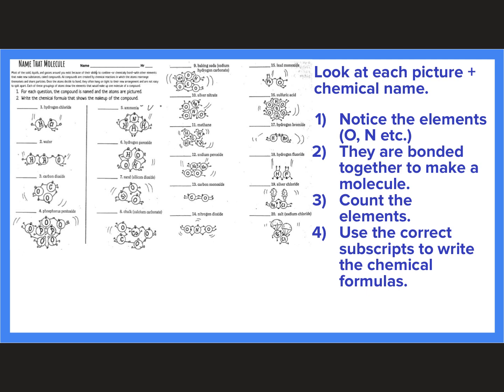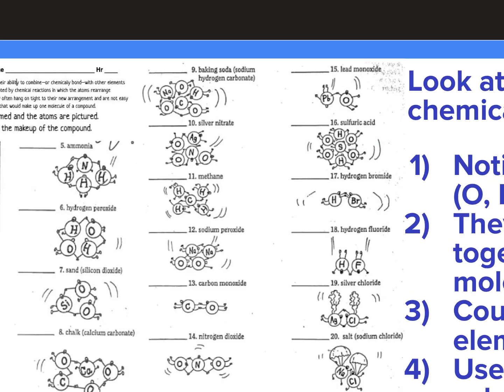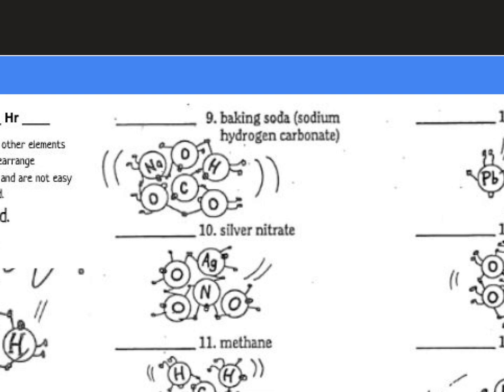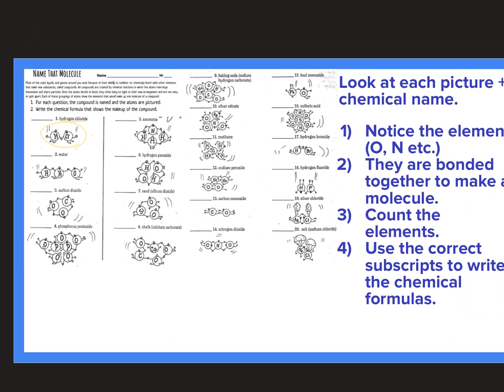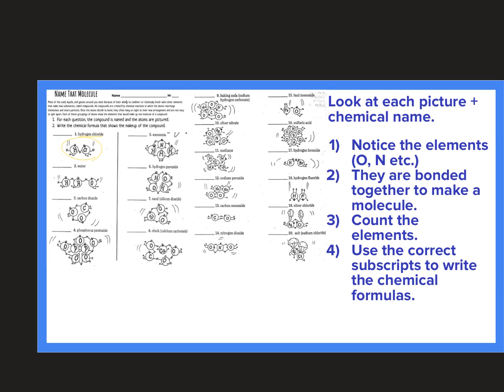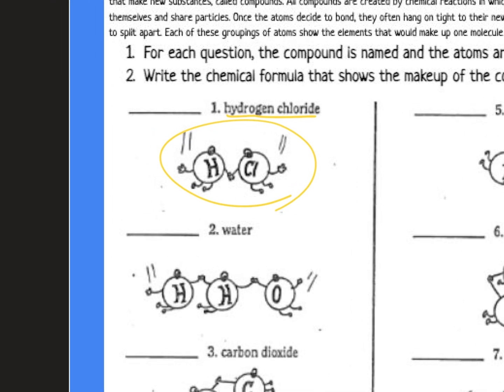Then you're jumping over here to the page you grabbed at the door today. Look at each picture and chemical name. So for example, let's do this one. I'm looking at this picture, looking at this chemical name. My steps are, notice the elements. Oh, okay. I see an H and I see a Cl.